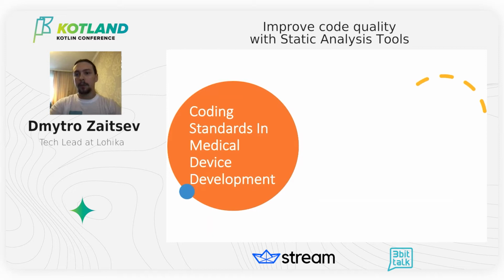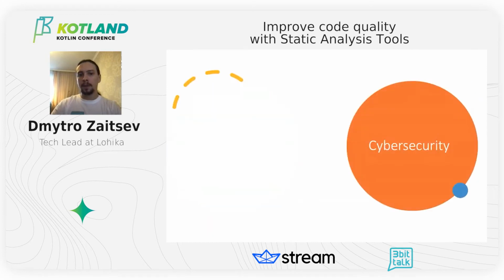It's also very, very important. It helps to reduce bugs and security vulnerabilities while creating some kind of quality of the code, which includes static analysis, and we'll talk about it in a moment.